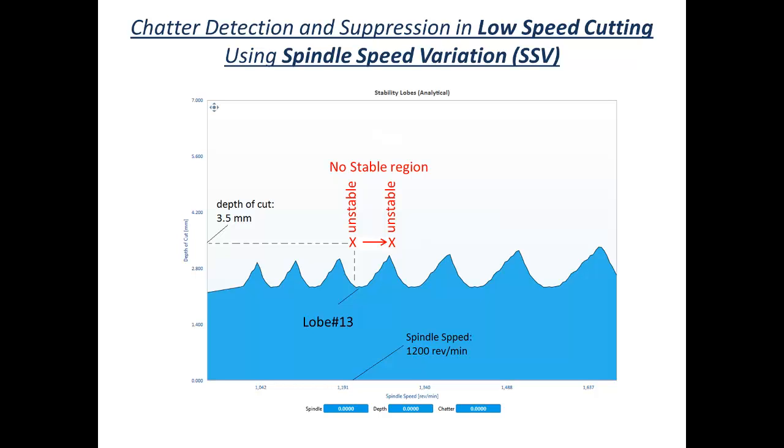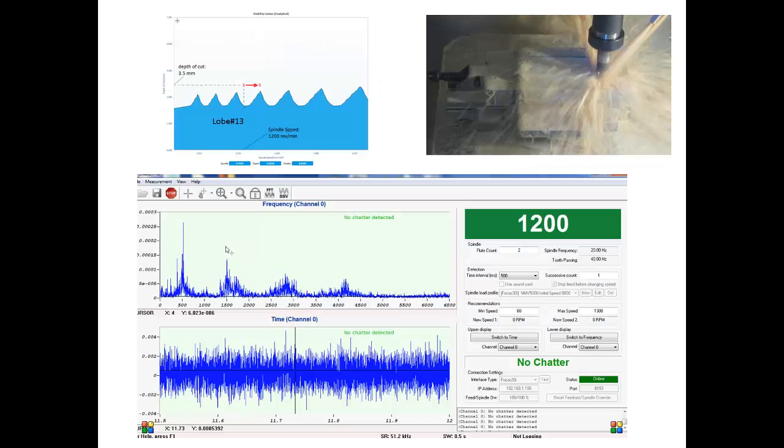In this particular case, ChatterPro first tries to change the spindle speed. If it cannot eliminate the chatter, it starts oscillating the spindle speed automatically by itself. ChatterPro first tries to reduce the speed or increase the speed by trying to hunt the stability pockets.